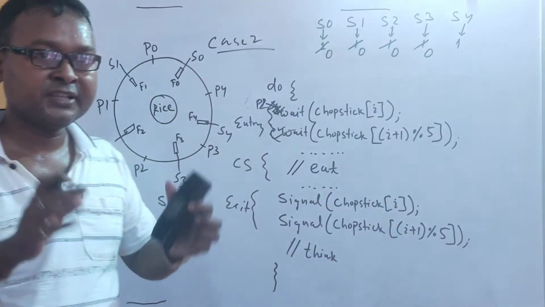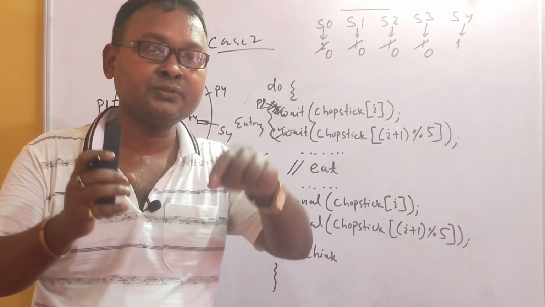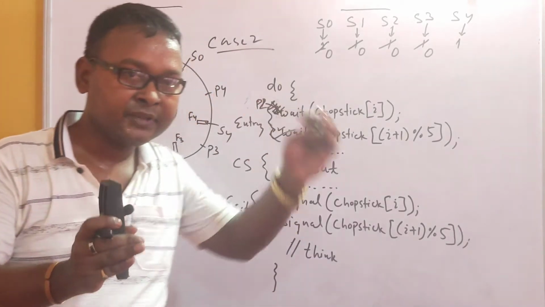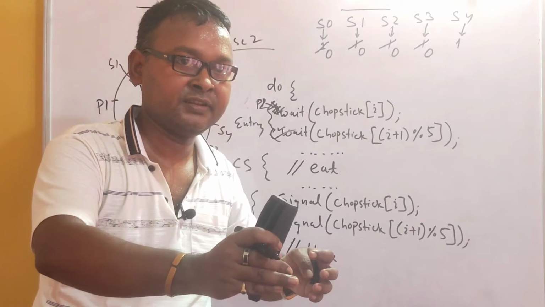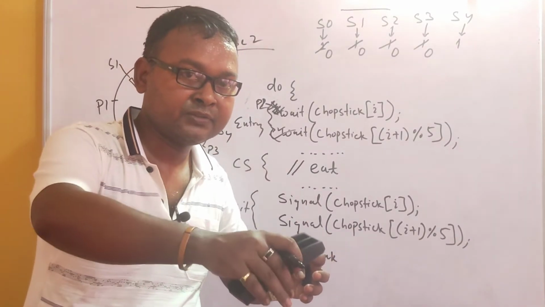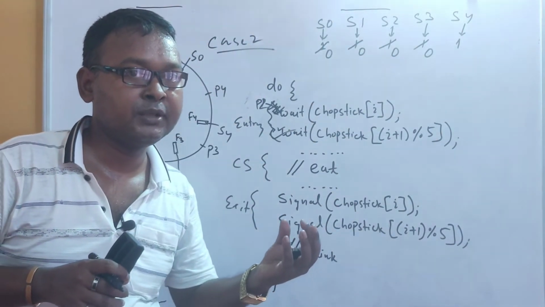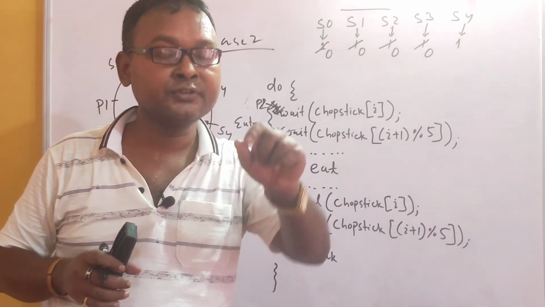Mutual exclusion means when a process enters into the resource, it has to hold that resource until it completes its execution and comes out, and only then can another process enter to access that resource. That is the mutual exclusion. That means a process is holding the resource in a mutually exclusive way.